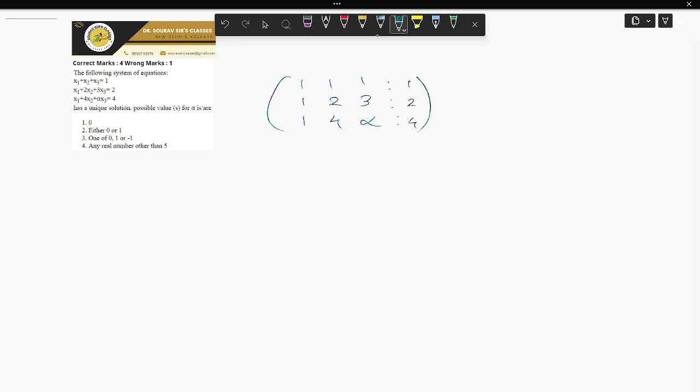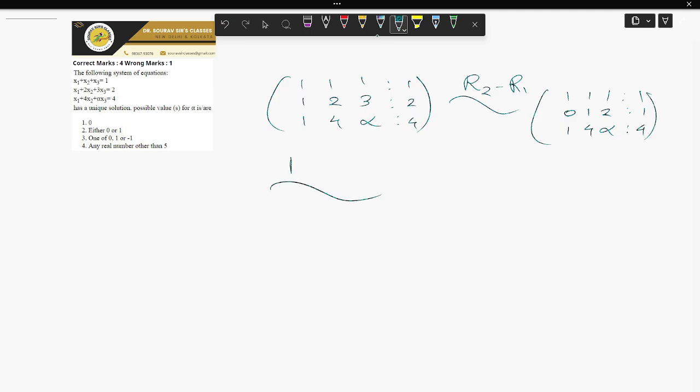So now we can use the elementary row operations to solve it. Row 2 minus row 1, then what will we get? Row 1 will remain the same and we will get 0 here.